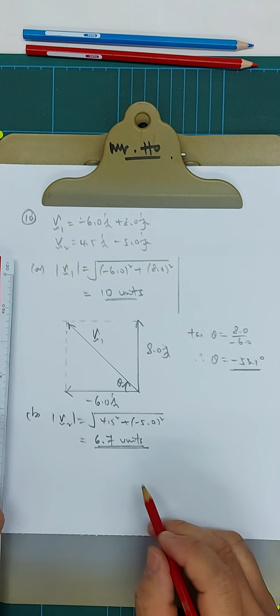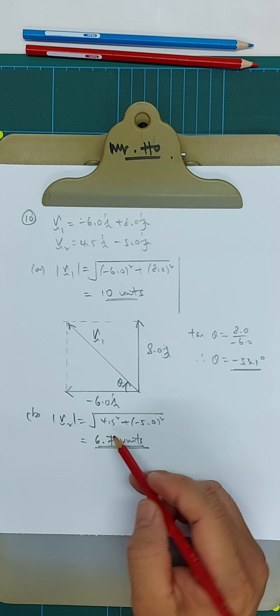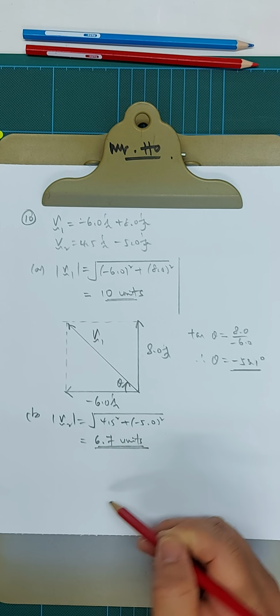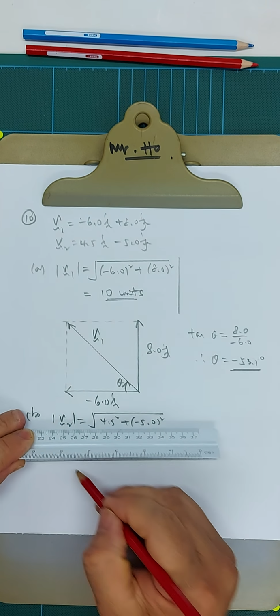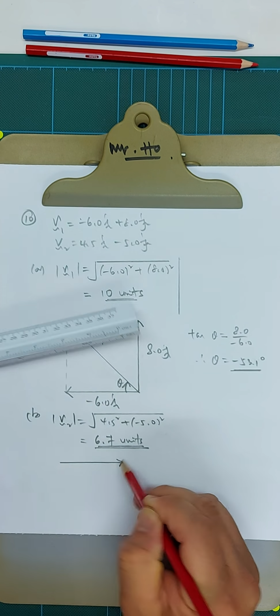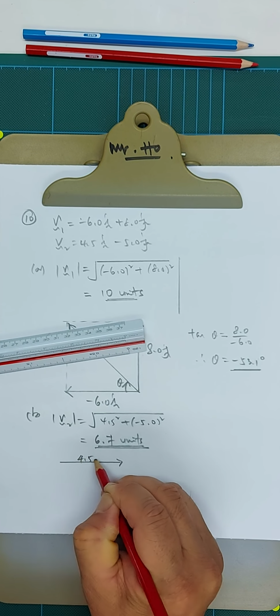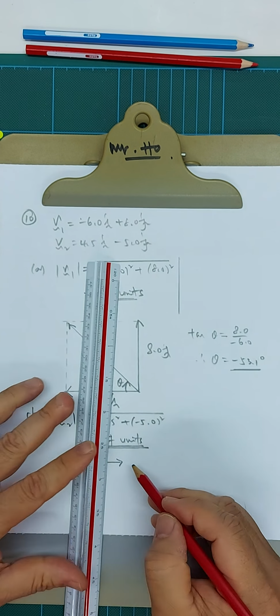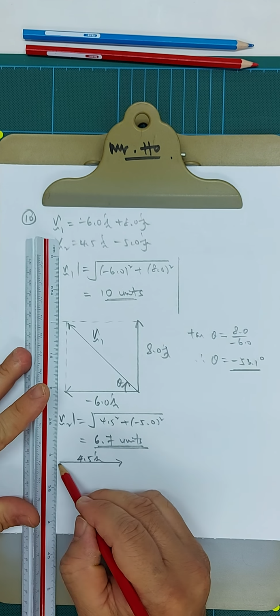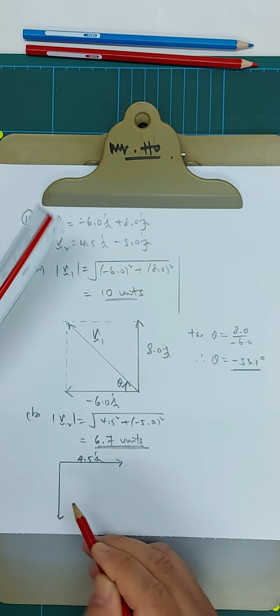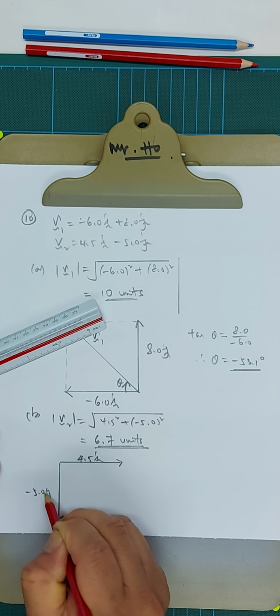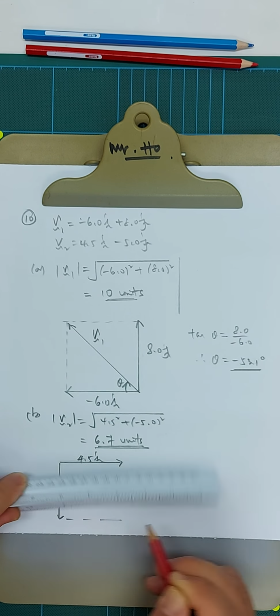And then this vector here is horizontally positive and vertically negative now. So this is our vector 4.5i, and then negative down here. This one is negative 5.0j.